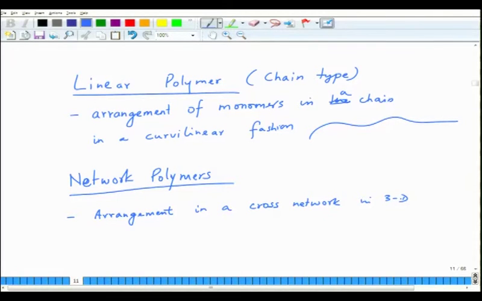So, there is a crisscrossing. They are branched in 2D and also branched in other dimensions. So, they are basically a branched cross-linked network in 3 dimensions, you can say cross-linked.